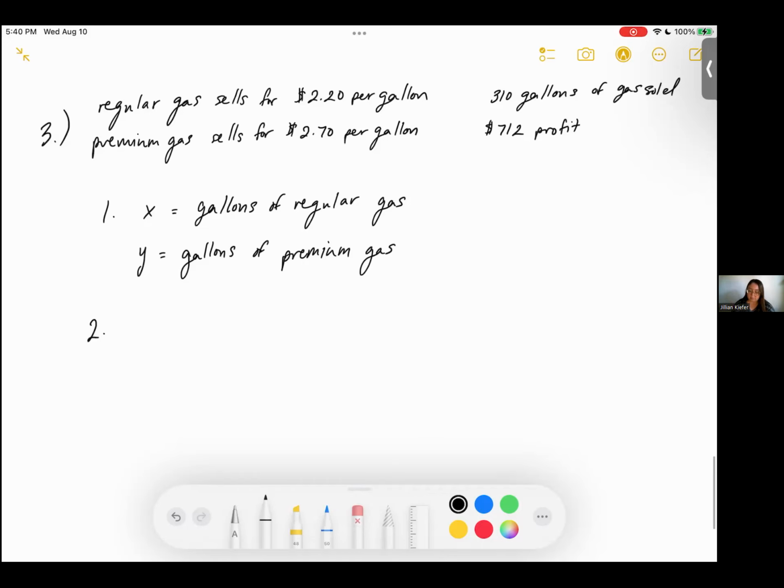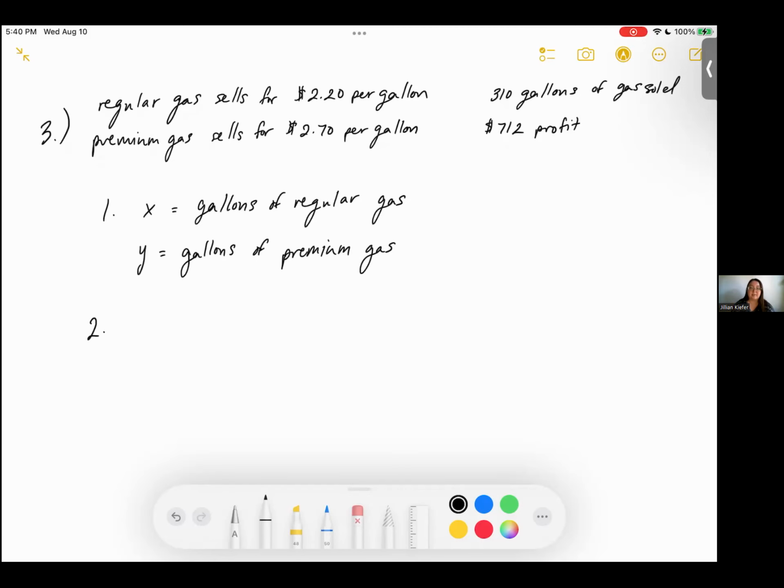So one way that we can attribute this right off the bat is that we know the price for regular and premium gas. We know that regular gas is $2.20 per gallon and premium gas is $2.70 per gallon. So if we want to attribute these values to X and Y, we know its price point, they're going to be multiplied. Because for every single gallon of gas, the price will go up by $2.20.